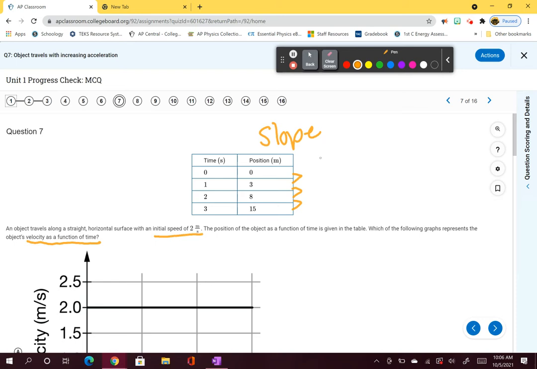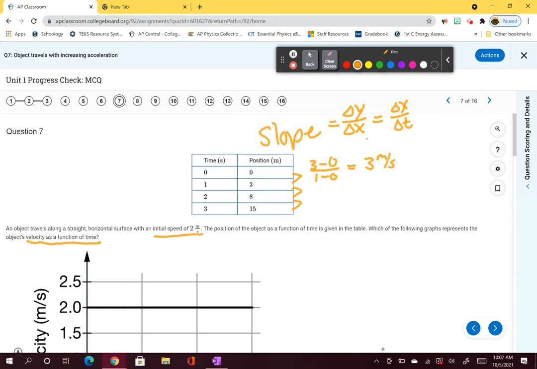So you would do slope, so your change in y over change in x. So your y is your position, so it'd be change in position over change in time. And remember, change is just final minus initial. So in this case, your final would be 3 minus 0 over 1 minus 0. So your speed would be 3.